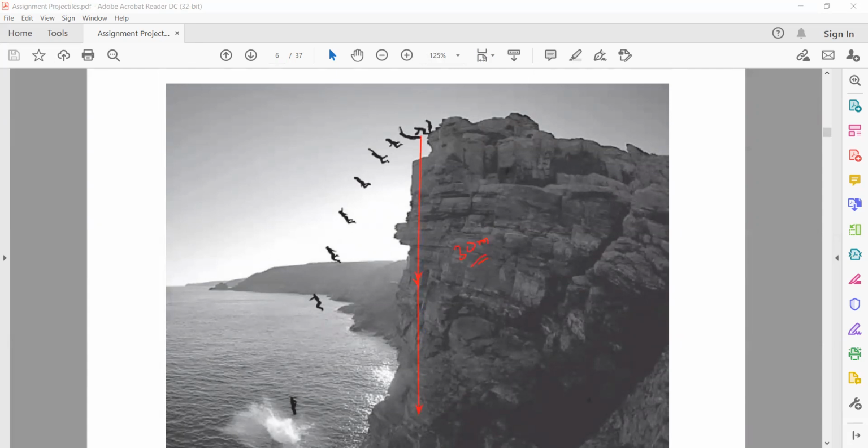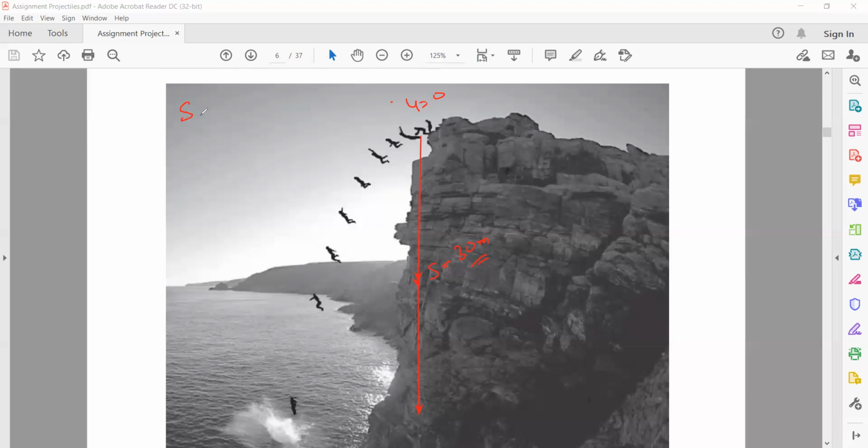First we will find the time to fall this 30 meters. The initial velocity is 0, because the initial vertical velocity is 0. Horizontal is there but the vertical is 0. And the distance traveled is 30 meters. So we'll find the time.